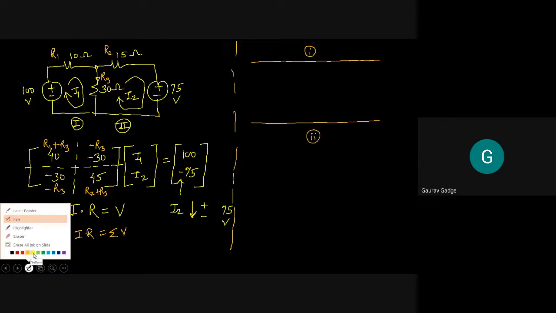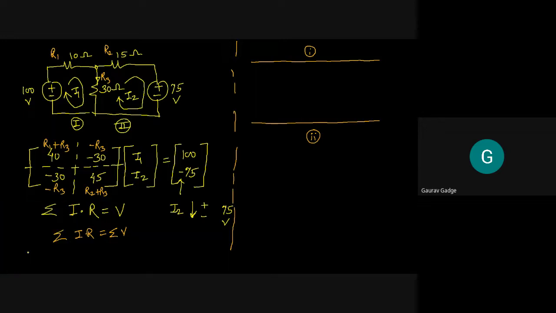Those are, first, a current source. The direction of that current source is upward. The second current source also has its direction upward. Then there are 3 resistances connected in parallel.